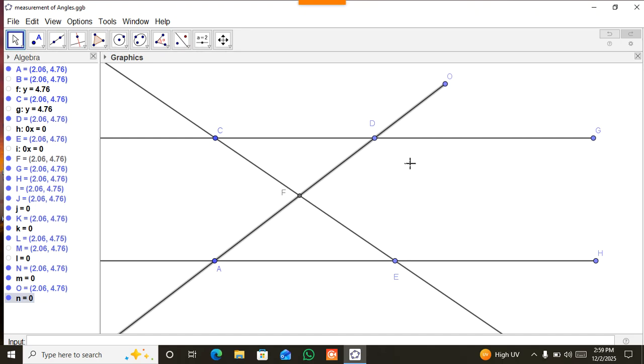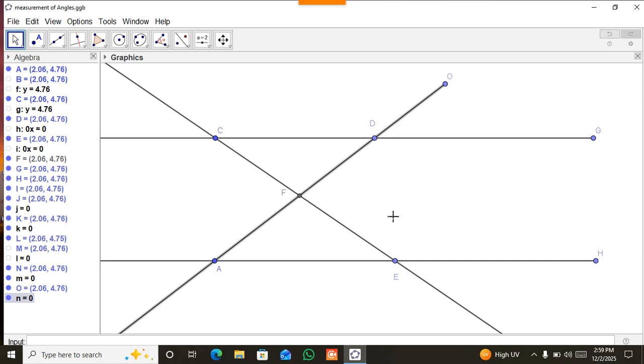So how then do we measure the various angles that are formed by the transversal lines and that of the parallel lines? So it means that the concept of corresponding, interior angles, alternate angles can be taught using Geogebra.